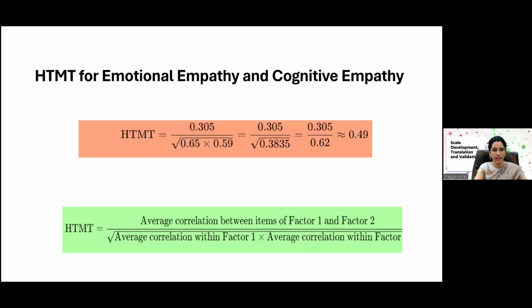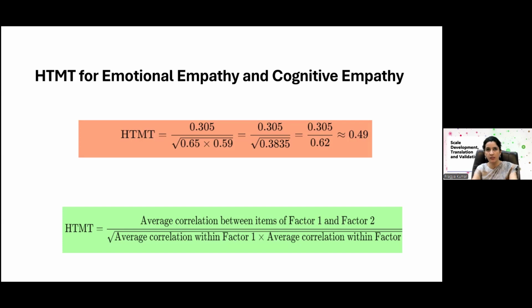So the formula is, if between two factors you want to calculate the divergent or discriminant validity, it will be 0.305 divided by average correlation within factor 1 into average correlation within factor 2. So value comes 0.49.